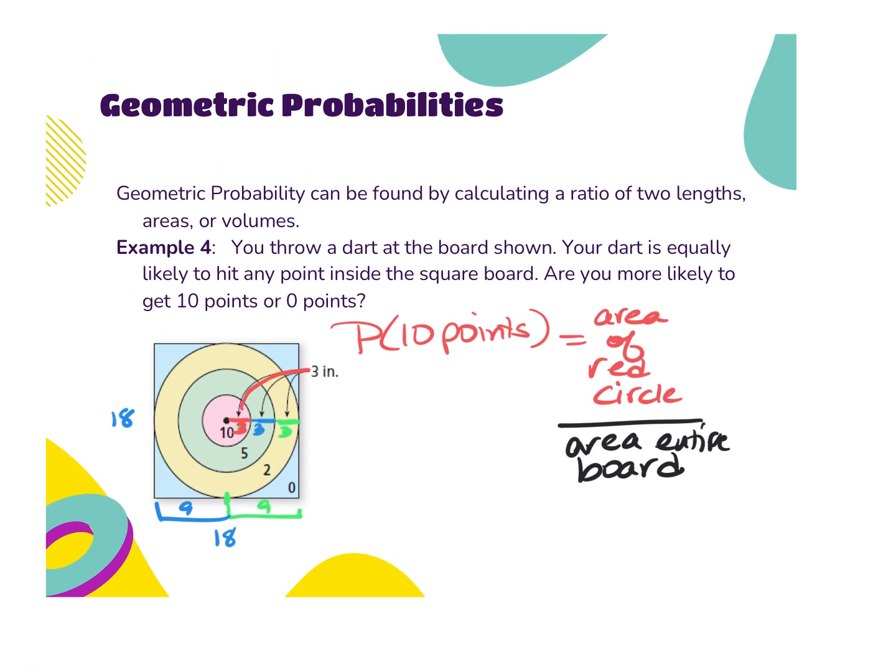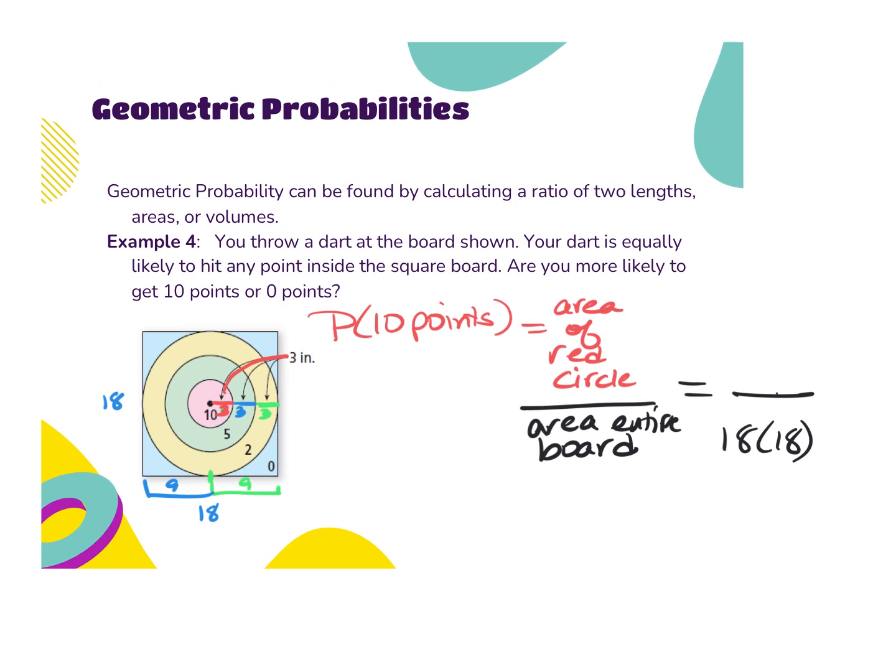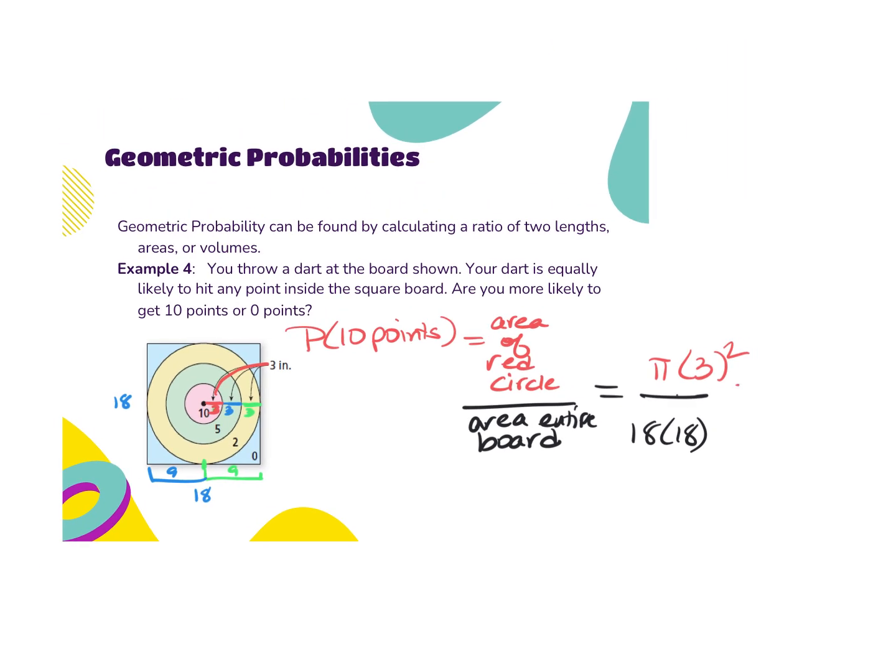So the square is just 18 times 18, or 18 squared. And then the inner circle, that red circle, pi r squared, and the radius is 3. So this inner circle is 9 pi.